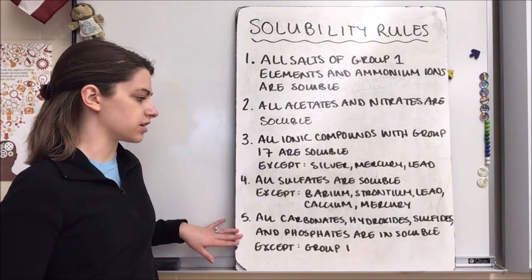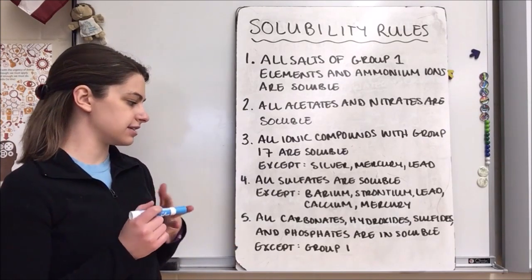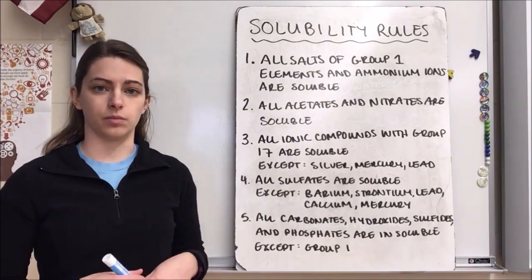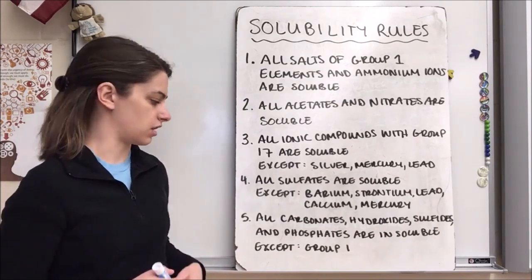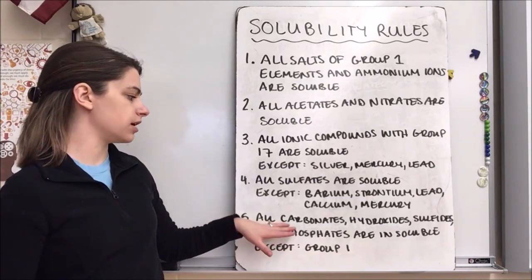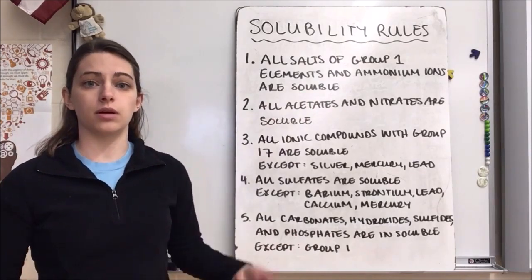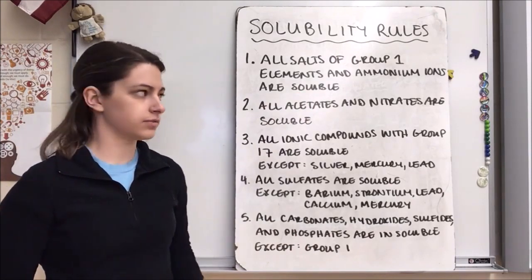And then rule 5 is our insoluble ones. All carbonates, hydroxides, sulfides, and phosphates are insoluble. Insoluble means it's not going to dissolve, except for those in group 1. So for example, because sodium is a group 1 element, sodium carbonate is actually going to dissolve.